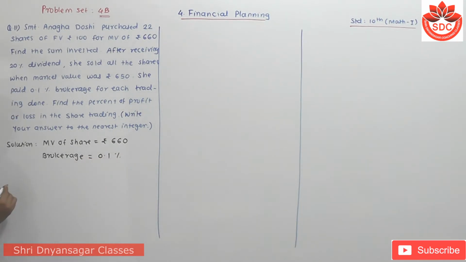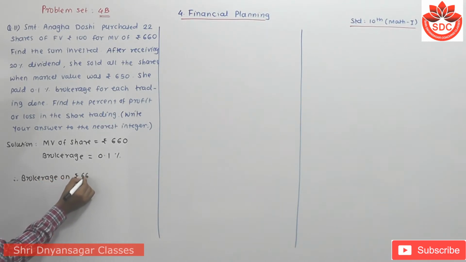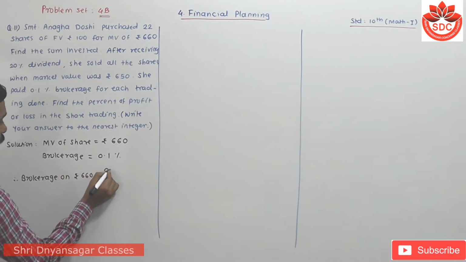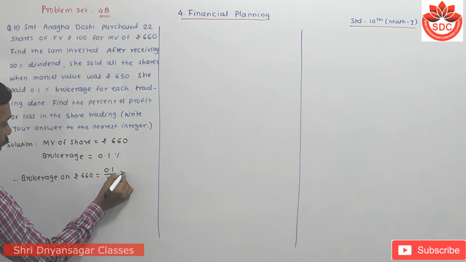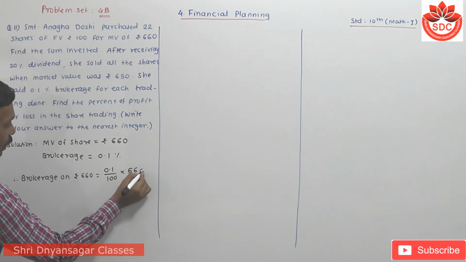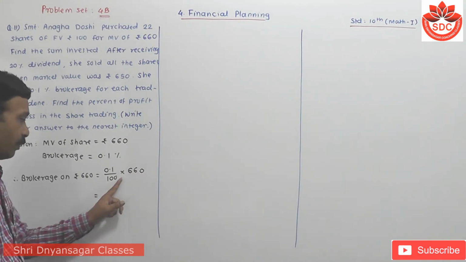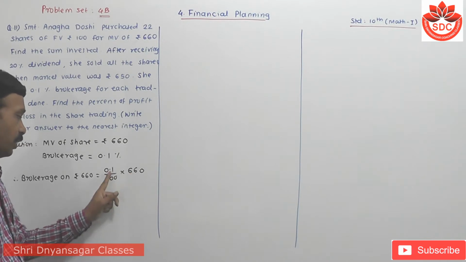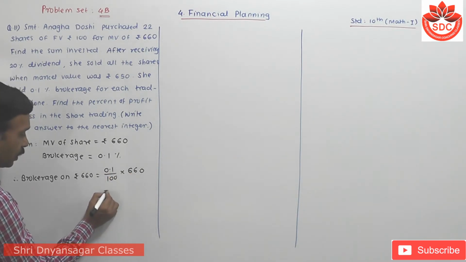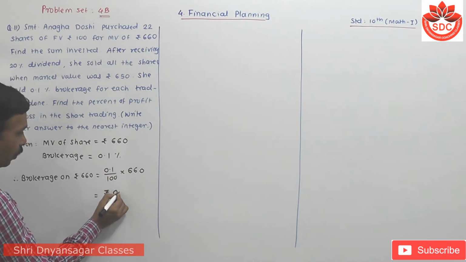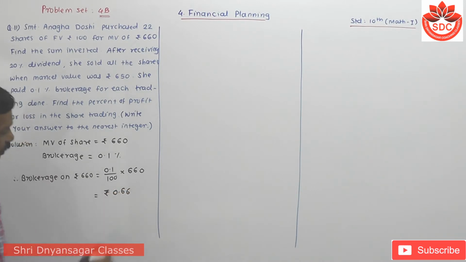So the brokerage on these rupees, first I have to find out here, is equal to 0.1 upon 100 into 660 rupees. Now student, this 0 gets cancelled. When divided, it becomes 6.6 into this one is rupees here. How much? 0.66. This is the brokerage.